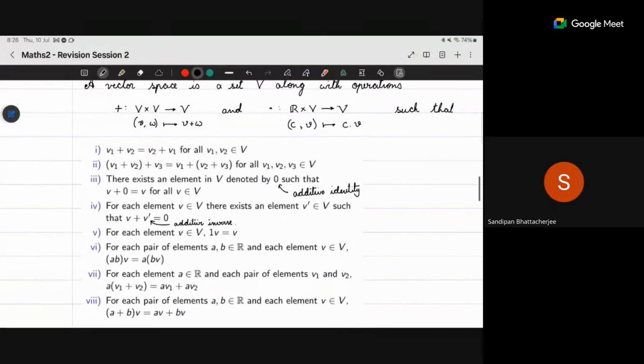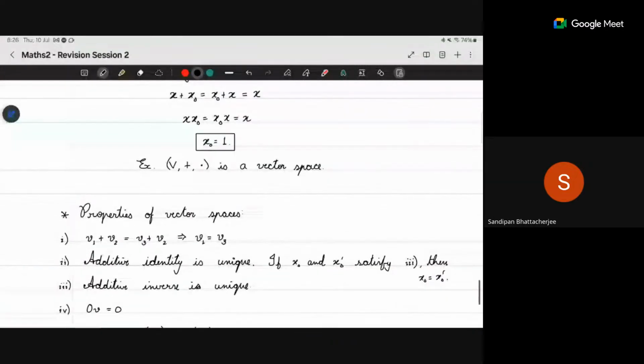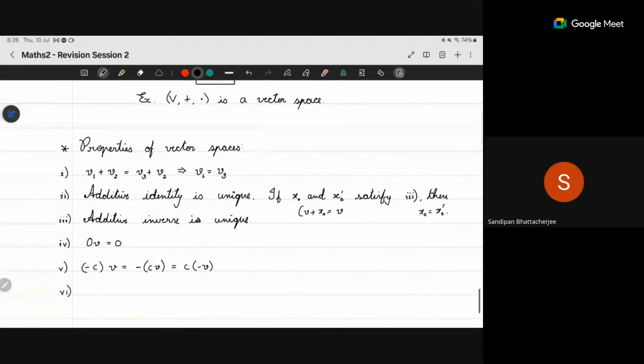Correct. So if there are two elements x naught and x naught prime such that v plus x naught is equal to v, and v plus x naught prime is also equal to v, then x naught has to be equal to x naught prime.